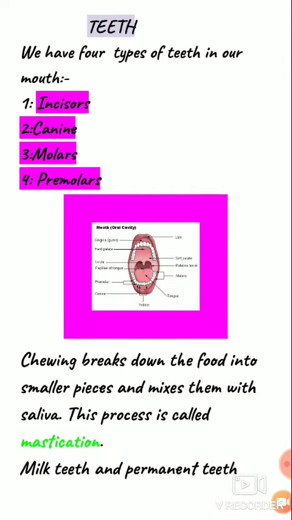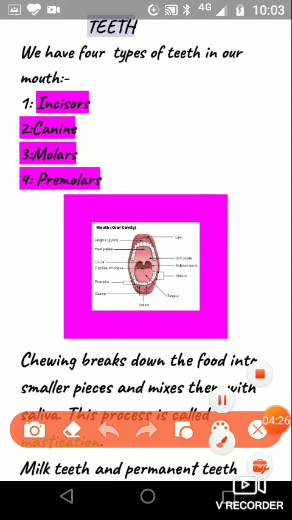Now the first part of the mouth is our teeth, which are a very important part of our body, and without teeth nobody looks pretty. So we must take care of our teeth. In our lifetime we have two sets of teeth, milk teeth and permanent teeth.